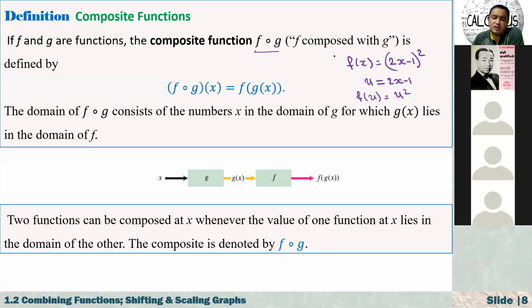In short, it is defined by this notation, f, with a small circle, g, of x, which is f of g of x. The domain of f of g consists of the numbers x in the domain of g, for which g of x lies in the domain of f.